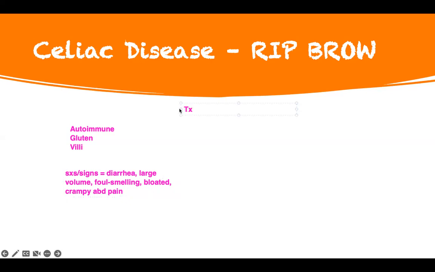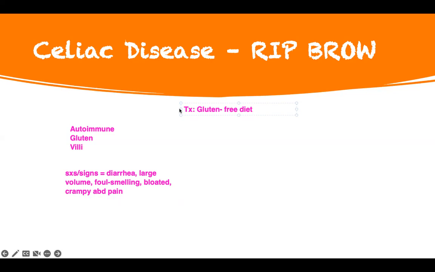Treatment. So how do I treat this? Well, get rid of the gluten. So gluten-free diet. Is that easy? No. There's a lot of food in the market that is marketed as gluten-free, but most foods have a little bit of gluten in them. So you've got to be looking for it. So it's a very complicated and difficult to manage problem.